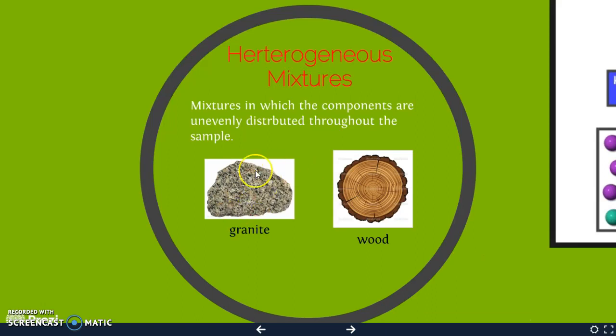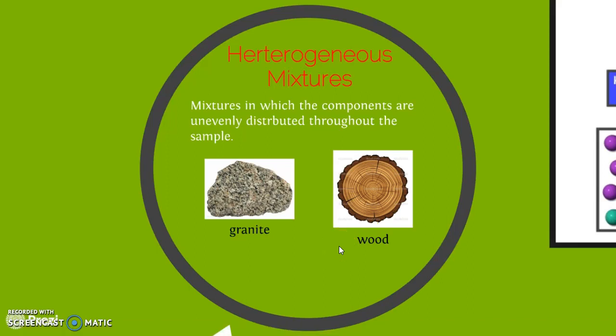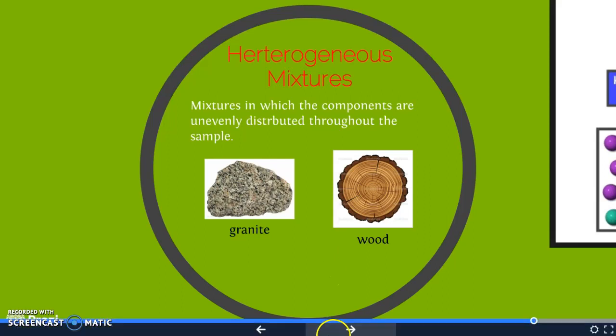So it's obvious that you have parts in both of these ideas. Granite, you can see the blacks and the whites and the pink flecks. Or wood, the rings definitely tell you that there are different components in this. So a heterogeneous mixture is an uneven distribution. You can actually see that it is composed of multiple things very easily.